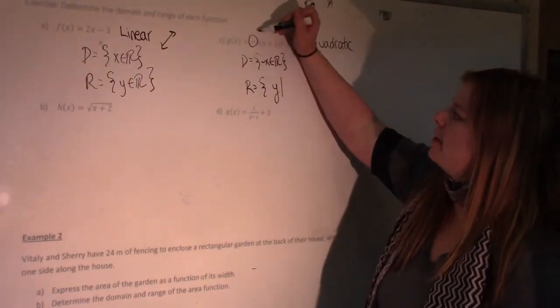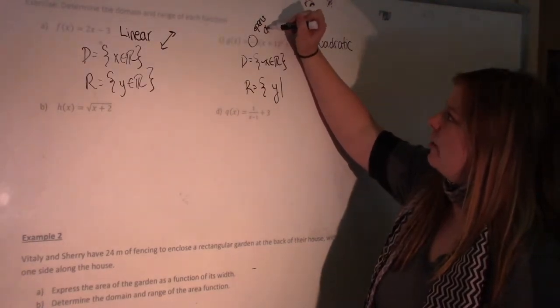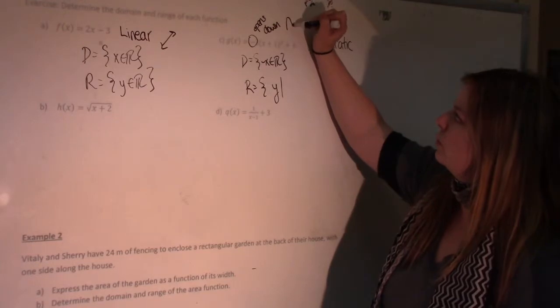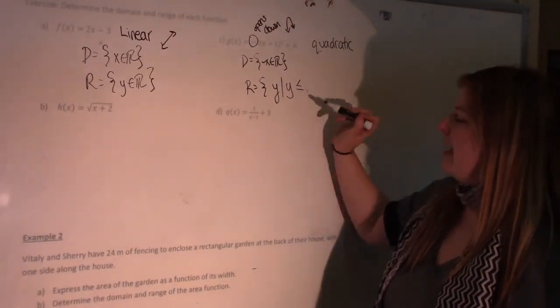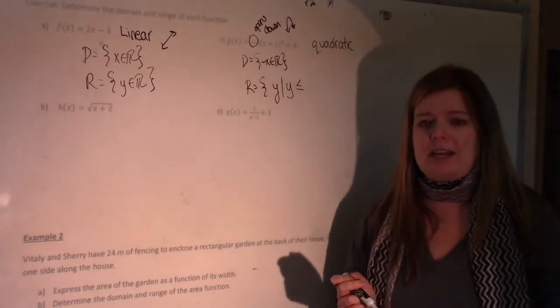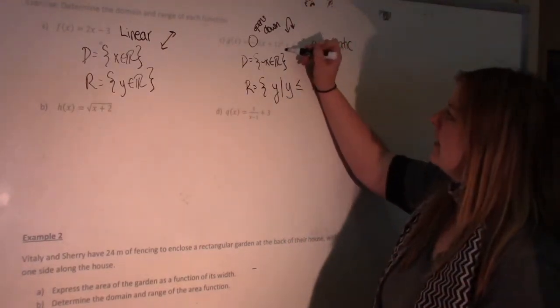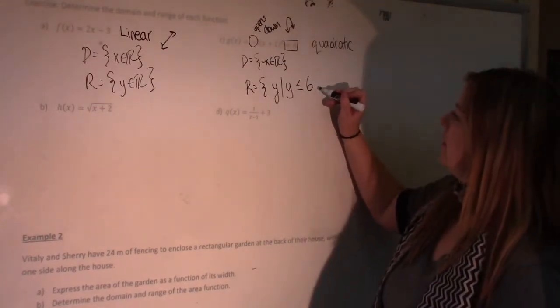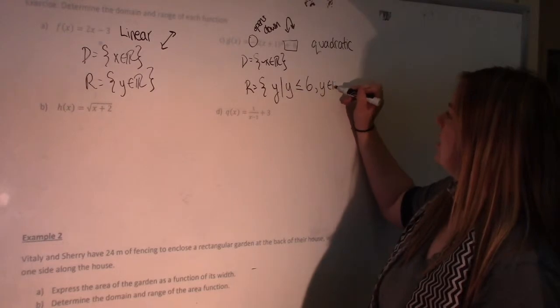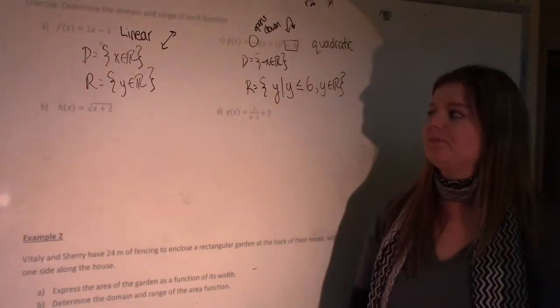So the a value is negative, so that means that this parabola opens down. So that means all y values will be less than or equal to the y value of the vertex. This is also in vertex form, so we can see that the y value of the vertex is 6. So in fact, the range is that y must be less than or equal to 6.